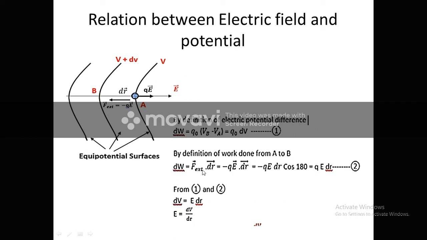Now by definition, work done is equal to the force applied on any body having some displacement. So F dot dr, this is the dot product. According to F is equal to QE, and cos theta because of the dot product.